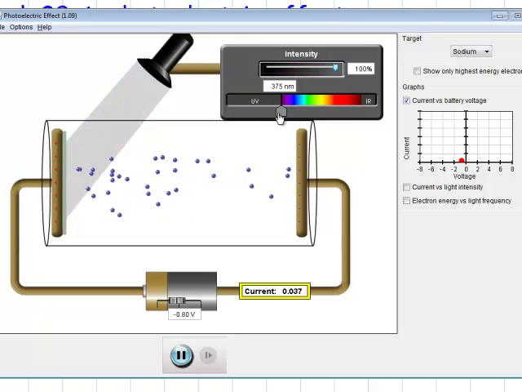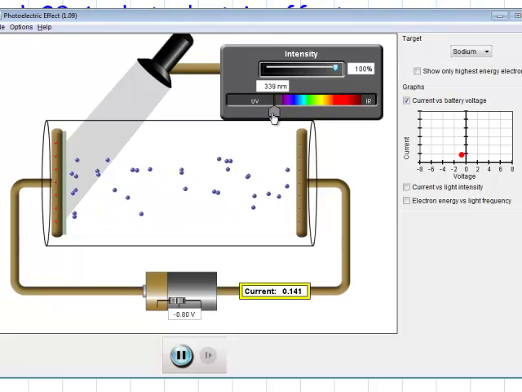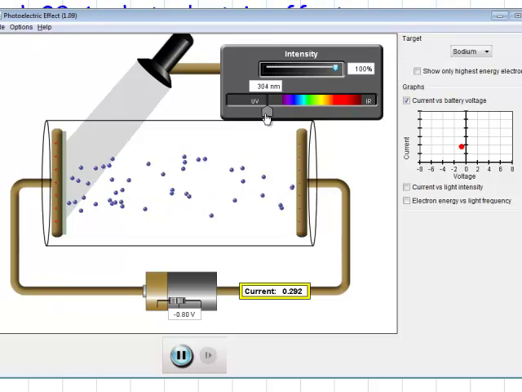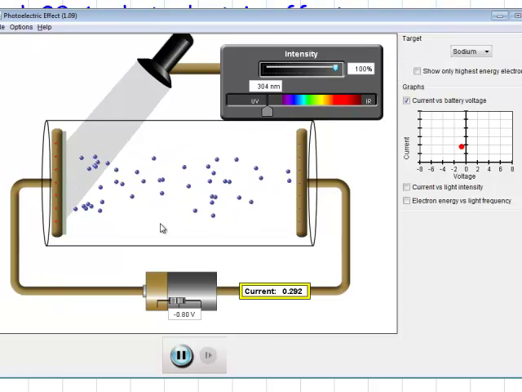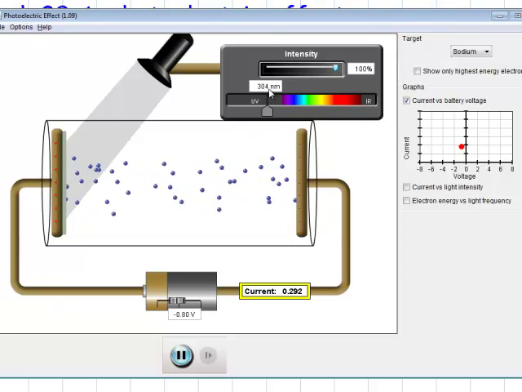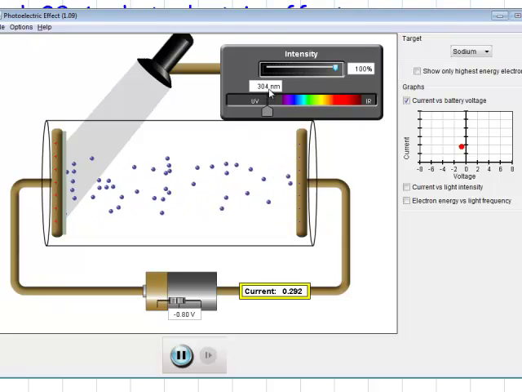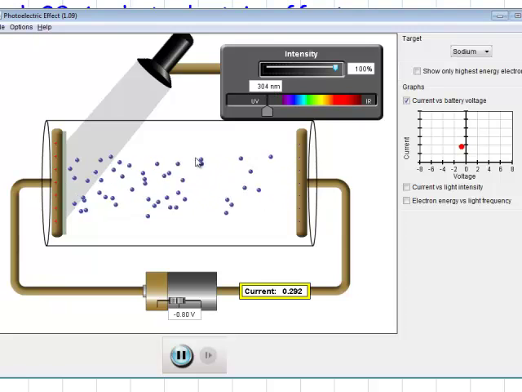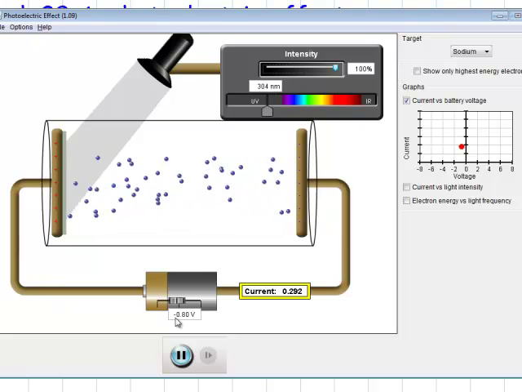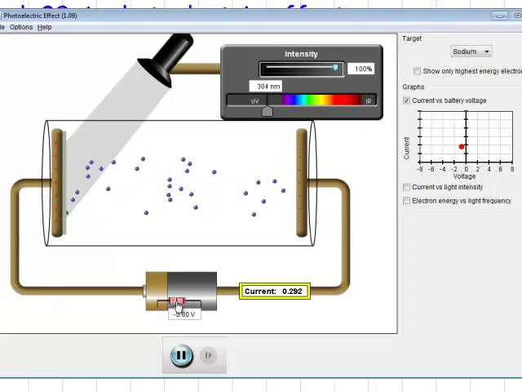If I go to a lower wavelength, for example 304 nanometers, again now they're of course faster because they have a higher frequency, respectively a higher photon energy, and therefore the electrons have a higher kinetic energy for overcoming that stopping potential.